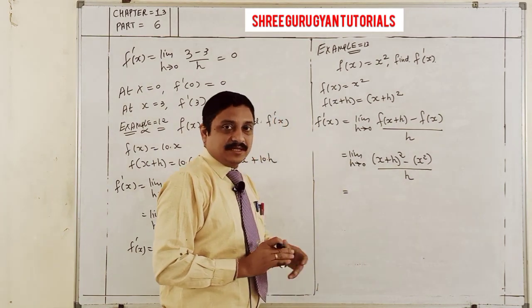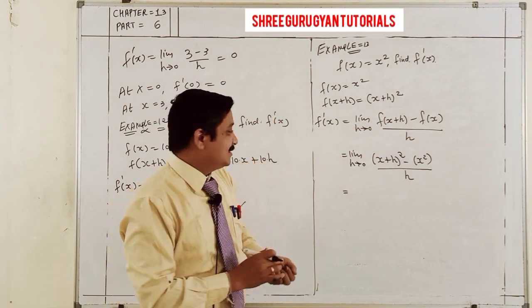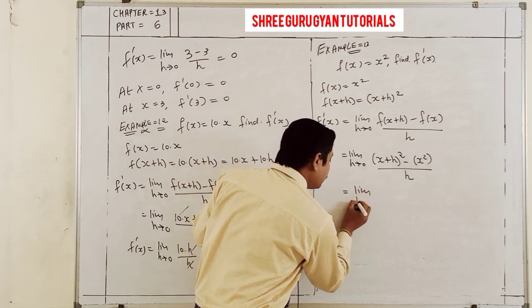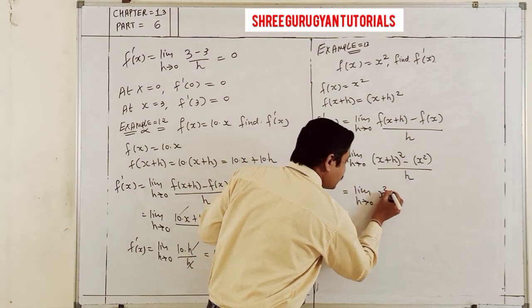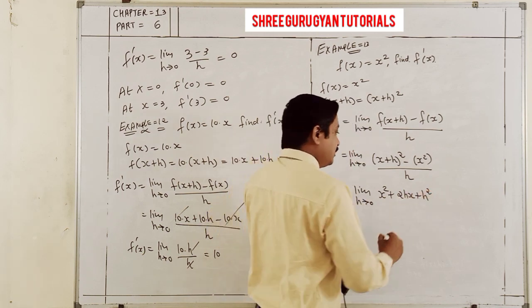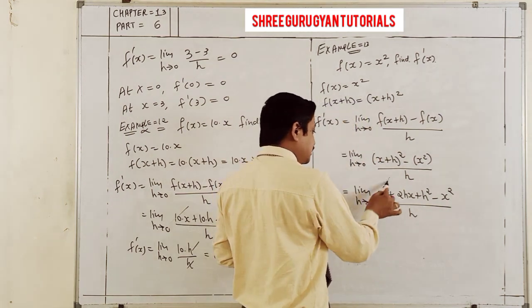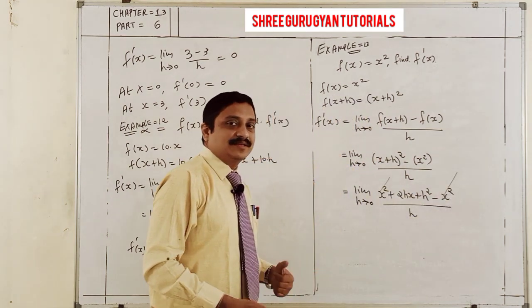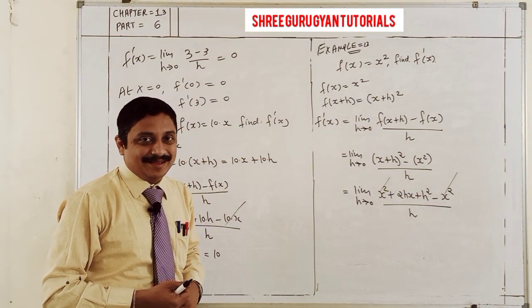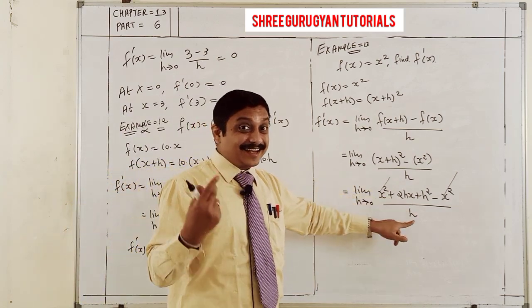Now students, here you will show the whole square expansion. Only I have x square plus 2hx plus h square minus x square by h. Check this, x square and x square successfully go. For the remaining, just take h common and cut it down.